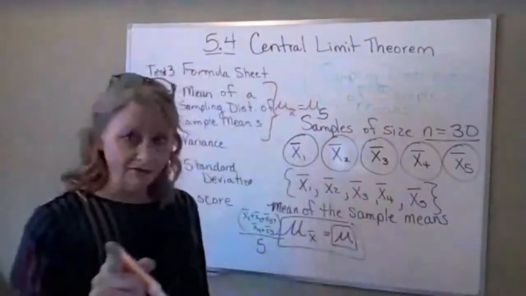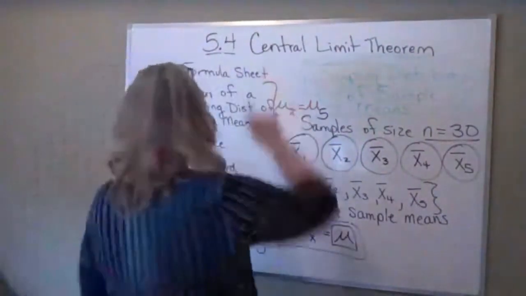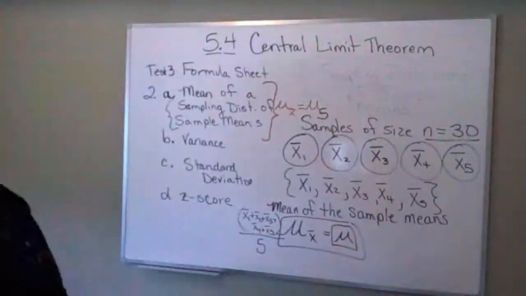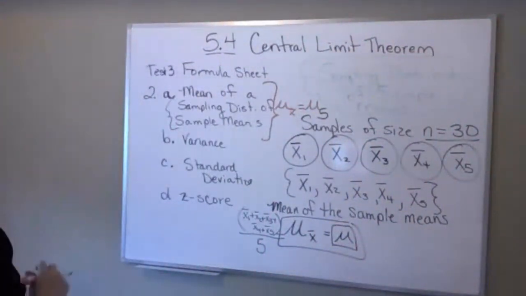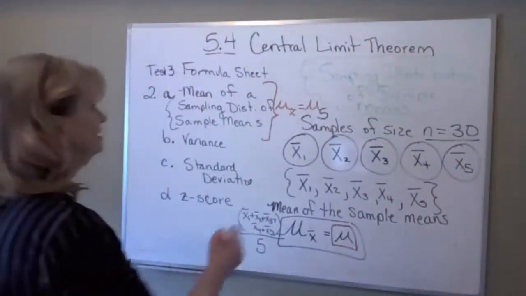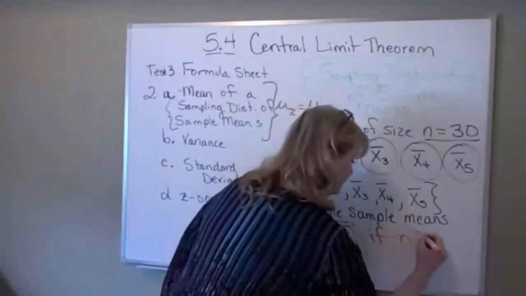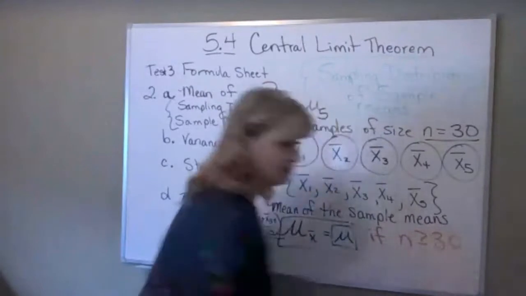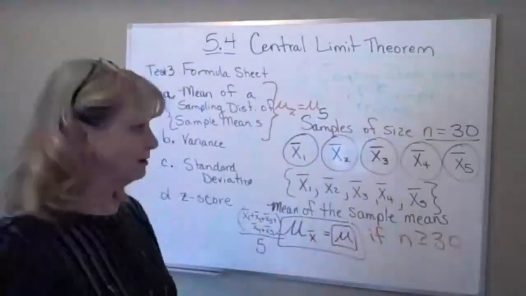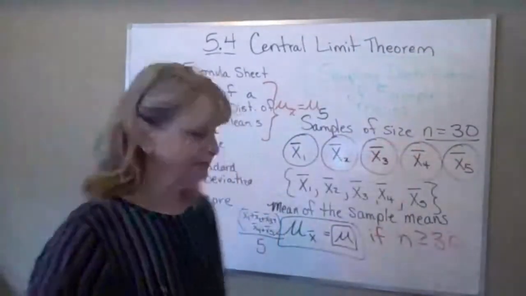population. Okay, look back at the top of the formula sheet, it says central limit theorem. And this works if, I'll write the if here. If n is greater than or equal to 30, so your sample size has to be greater than or equal to 30. Remember I told you 30 was a magic number?